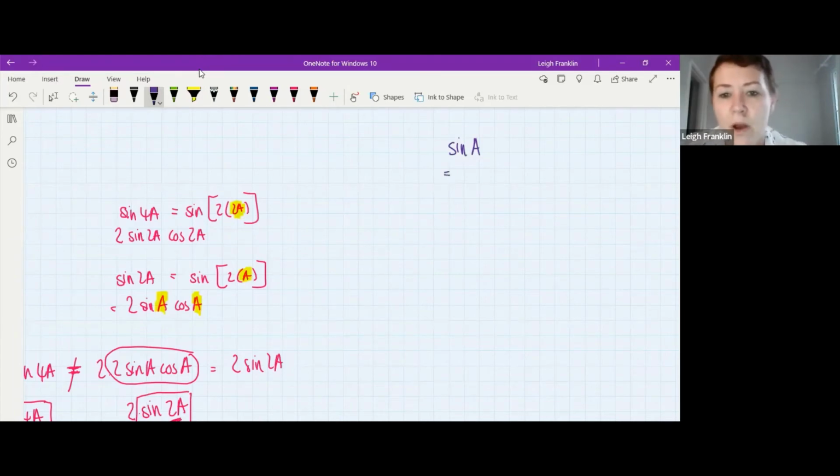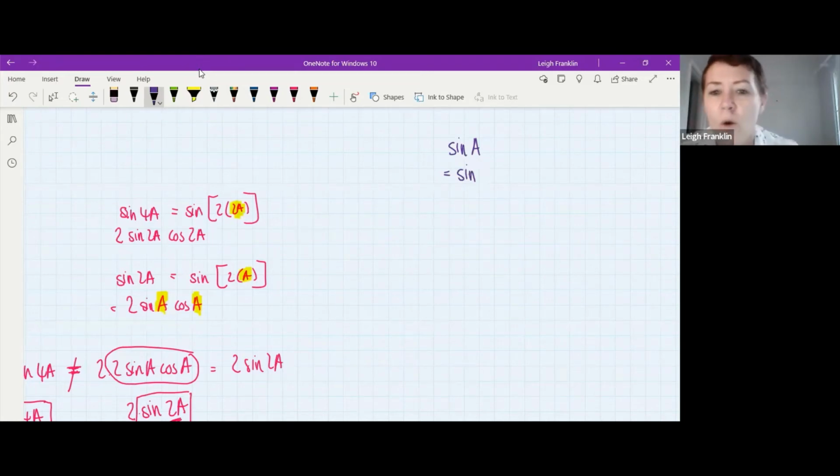Now, remember, what we've been doing each time is we've halved the angle. So when we had cos 22, it was 2 times 11, or sine 20, it was 2 times 10, or when we had sine 40, it was 2 times 20. So what is half of 1? A half, right?